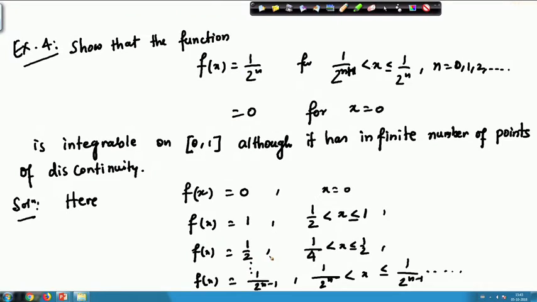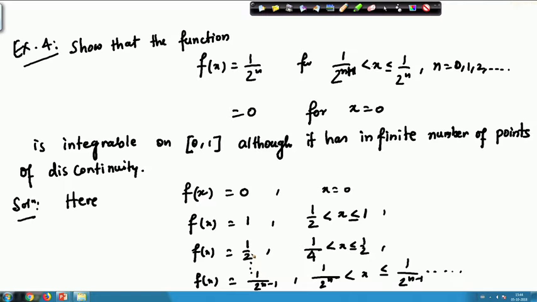Secondly, we can see that at x equals 0 the function is discontinuous, at x equals half it is again discontinuous, at x equals 1 by 4 it is again discontinuous, and so on. So the function has an infinite number of points of discontinuity because n is running up to infinity. The function is always discontinuous at points of the type 1 by 2 to the power n.